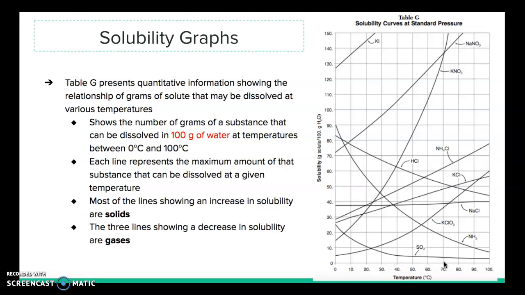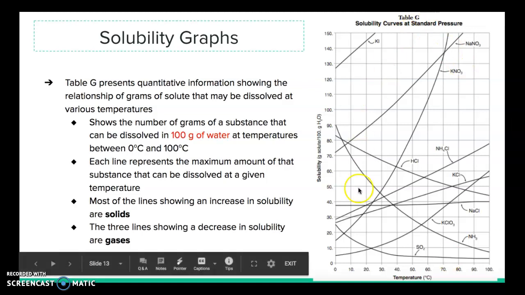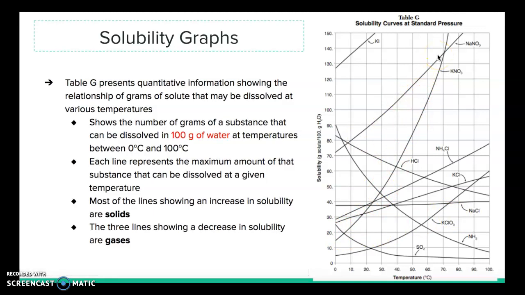I'm going to get into an example of how to read this graph, but this is table G, and again, if your point falls on any of the lines, you are at the maximum amount of solute that can be dissolved at that specific temperature.